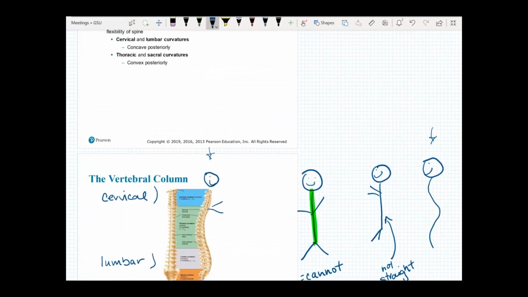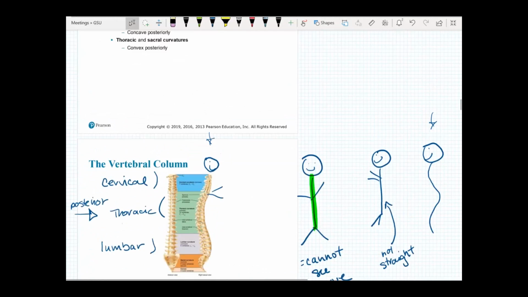So they're both going to be concave posterior, which means if you're looking from the back, which is this view, this is the posterior, they will concave, so they'll tuck in. Whereas you'll have your thoracic curvature, and that will be convex, which goes the other way. And then you will have your sacral, which will convex this way as well.